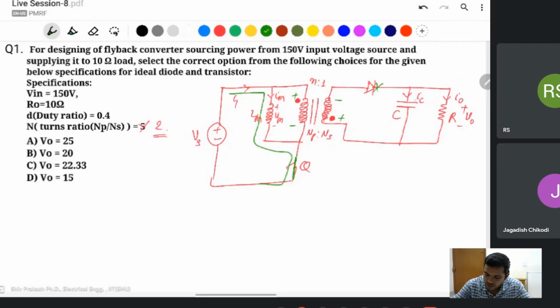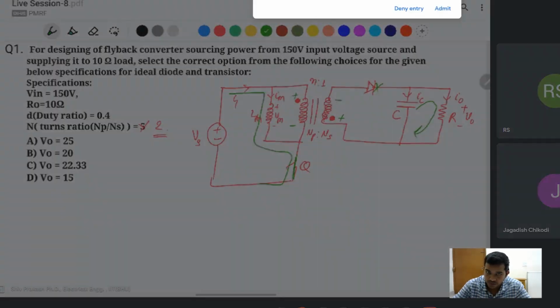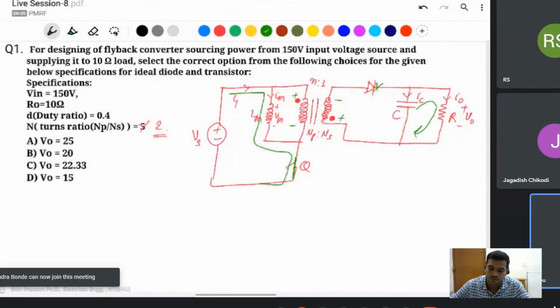In this condition, only output power is supplied by the capacitor only. In this mode, magnetizing voltage is directly the Vs supply voltage, and the magnetizing current will start to increase.